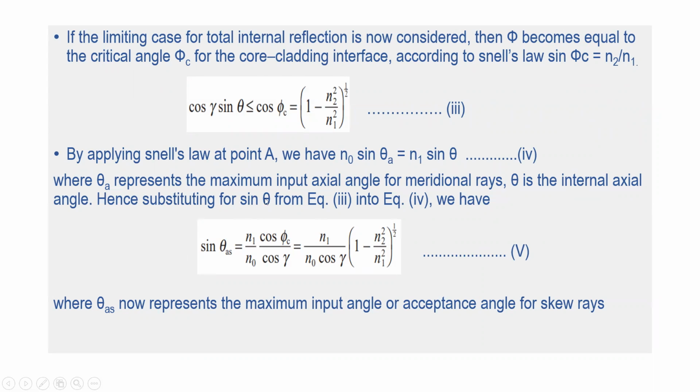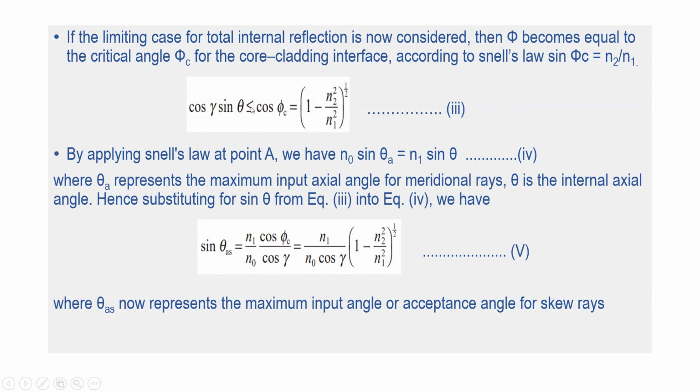Hence, substituting sin theta from equation 3 into equation 4, we have sin theta A S is equal to n1 by n0 times cos phi by cos gamma. What happened is we have sent cos gamma to this side, and you are left with sin theta.